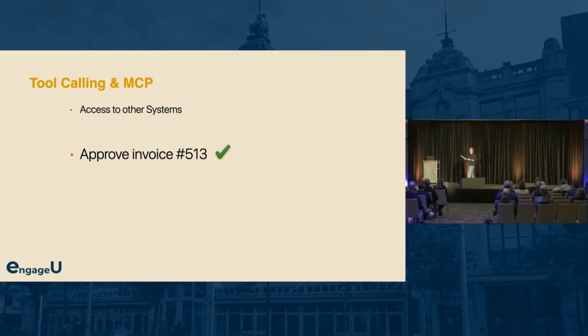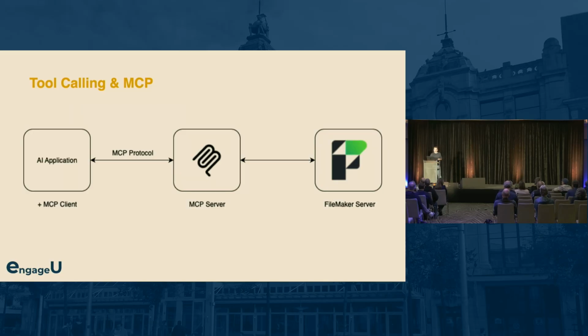Or create a work order, or do things that will change or generate data in my FileMaker system. So how does that work, right? Same schematic there. AI application talks to the MCP server. And because we're using the Data API and OData API at the MCP server level, right, I can create tools, because that's where you create tools. That's where you define tools, right?